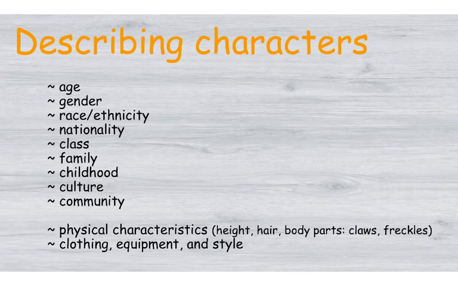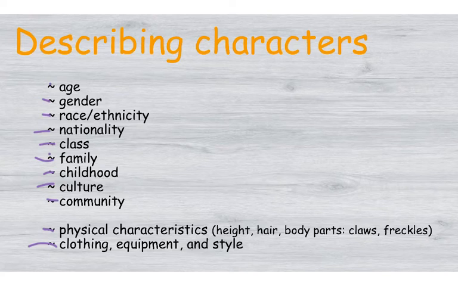So here's some more examples. You can say how old they are, if they're a boy or a girl, their race, their nationality, their class. You can talk about their family, their childhood, culture, community, physical characteristics of what they look like, maybe the clothing, equipment, and style that they have.